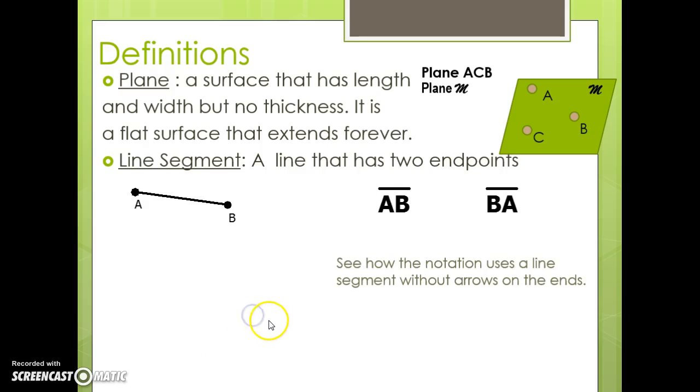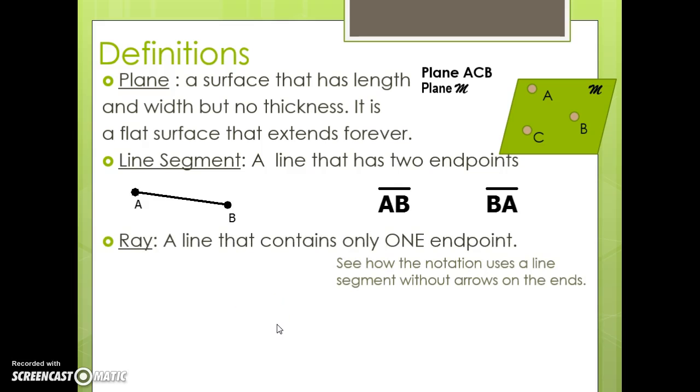All right, next one is a ray: a line that contains only one endpoint. So here's the picture. And we name it starting with the starting point. So we can call this ray AB.